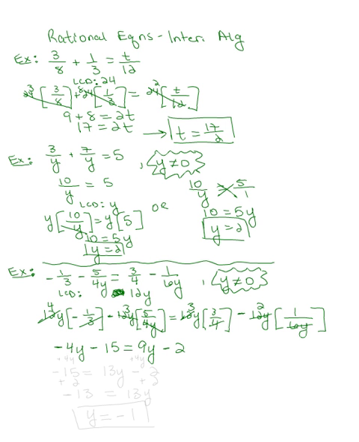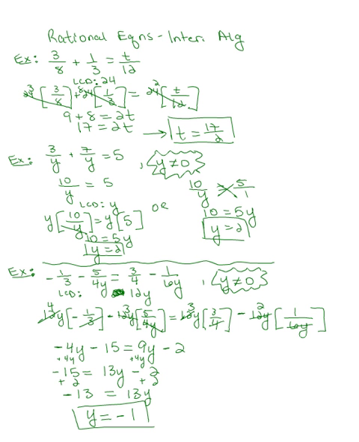Let's add 4y to both sides, which gives us negative 15 equals 13y minus 2. If we add 2 to both sides, we get negative 13 equals 13y, y equals negative 1, and since y couldn't be 0, that's a fine answer.